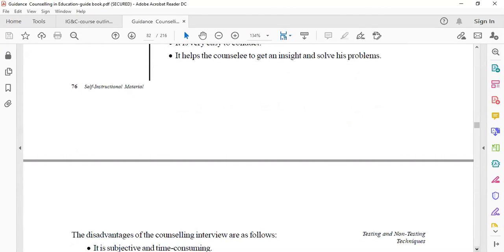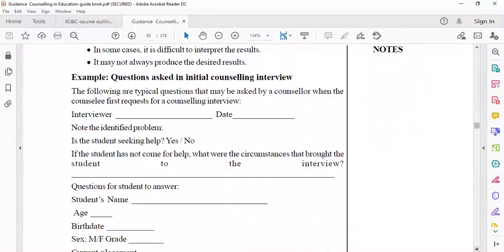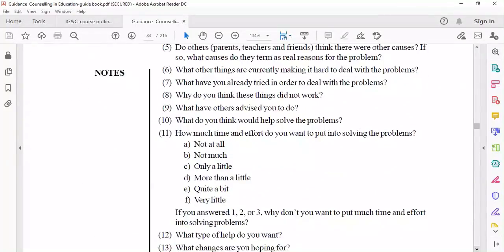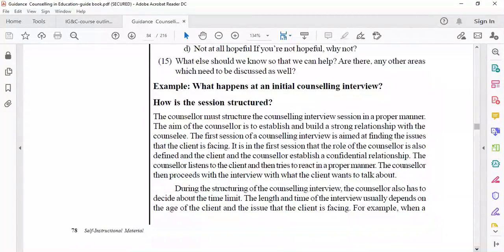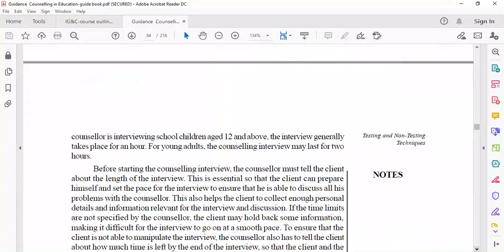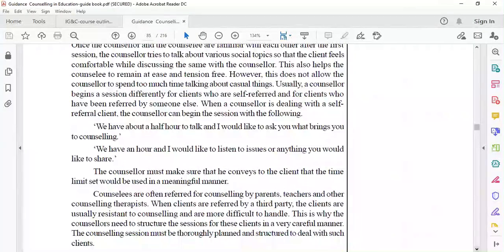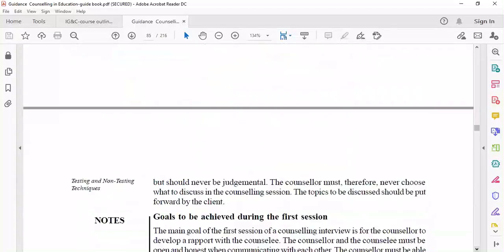Now, the other thing that we had told you, that there are different tools that we use in collecting information and understanding the problem of a student, or in providing guidance and counseling to our students. Interview and observation, these are the two major non-testing tools.